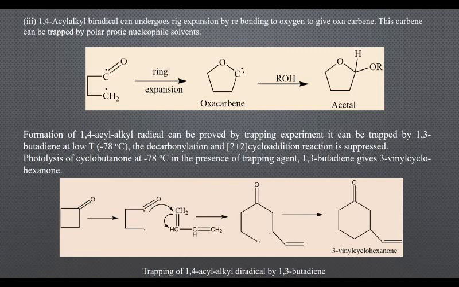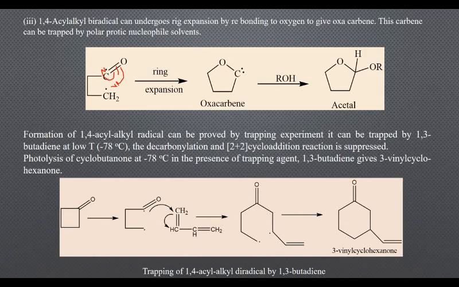So this CH2, here, this bond is broken and a bond is formed between this CH2 and oxygen, and a pair of electrons will come onto this carbon to form a carbene, which is more specifically called an oxocarbene.